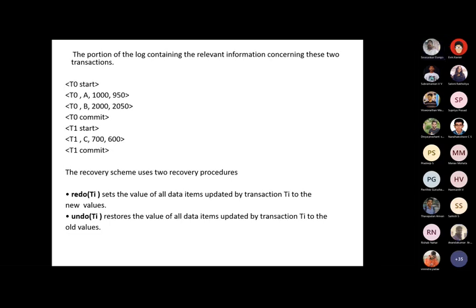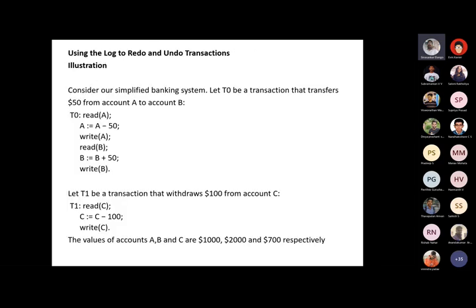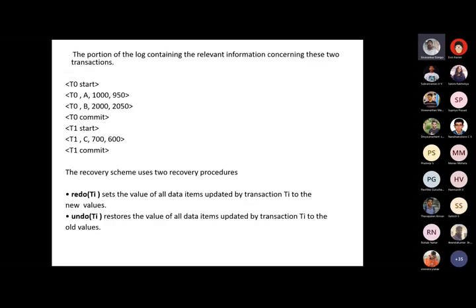And then you have the T1 commit operation. So this is how a log file is generated once you execute these transactions T0 and T1 on a database.